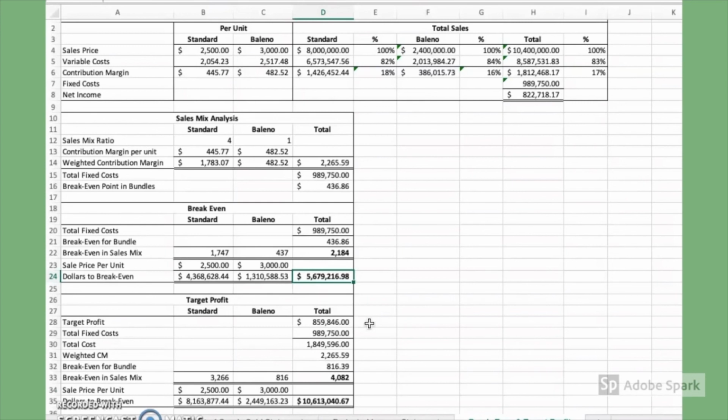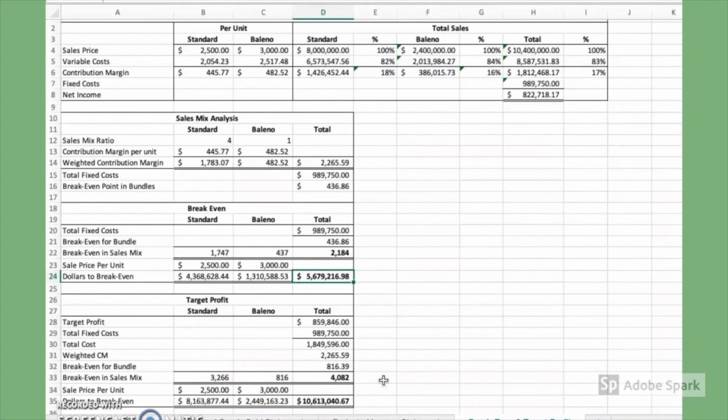We then divide by our weighted contribution margin, which we had calculated above, and we get our break-even for bundles for our target profit. This number is 816.39. We then, once again, multiply it by our sales mix ratio, and we get our break-even in sales mix units. This is 3,266 for the standard model and 816 for the Baleno model.